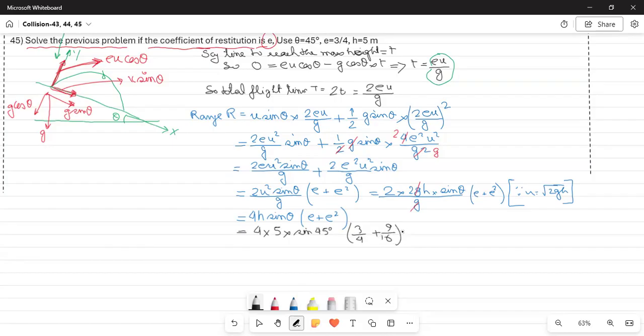This is equal to 4 times 5 is 20, and sin 45 is 1 by root 2, multiplied by 12 plus 9 over 16, which is 20 into 21 over 16 root 2.